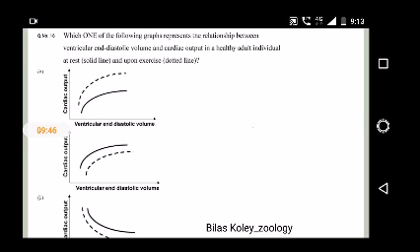Now we will discuss question number 16. Which one of the following graphs represents the relationship between end diastolic volume and cardiac output in a healthy adult individual at rest, indicated by solid line, and upon exercise, indicated by dotted lines? And the options are as follows. You may observe the picture.